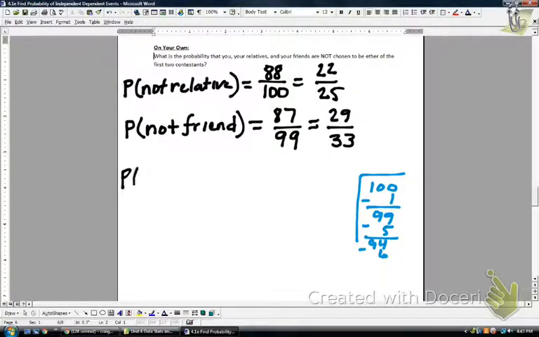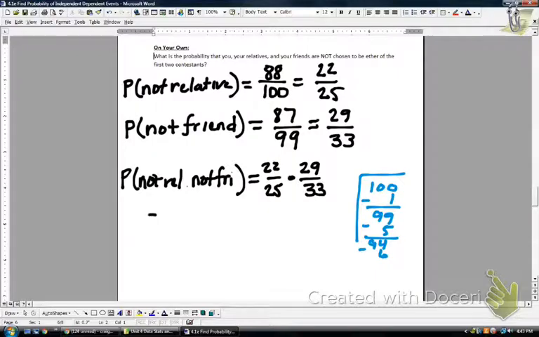So the probability of not a relative and not a friend is 22/25 times 29/33. So multiply that on a calculator. 22 times 29 is 638.